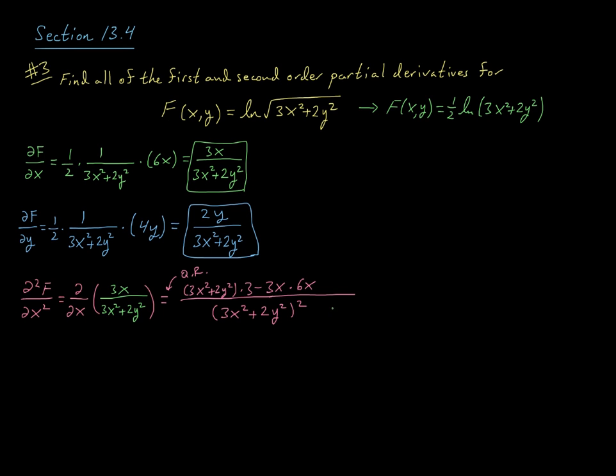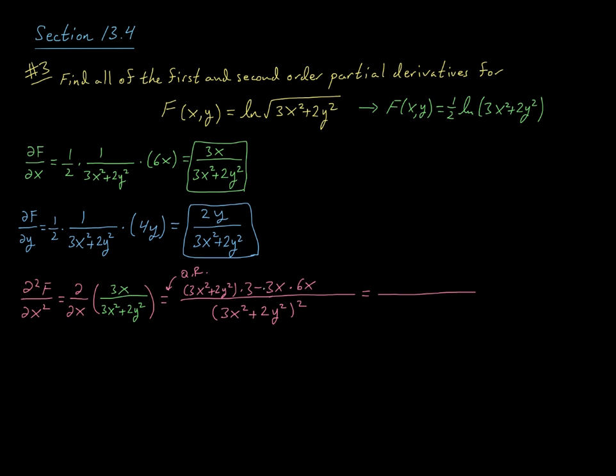All right, so let's clean this up a little bit. So we're going to get here what? Well, for the x squared terms, I'm going to have a 9x squared when I distribute that 3, and then I'm subtracting an 18x squared. So that's going to give me a minus 9x squared all in all. And then for the y squared part, here I'll go ahead and record this here.